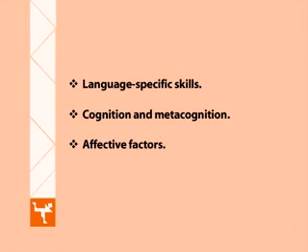Those for cognition and metacognition, for example, schema activation, transfer of knowledge, reflection, and so on. And those that involve affective factors such as motivation, confidence, and a trusting atmosphere to encourage risk-taking and participation.